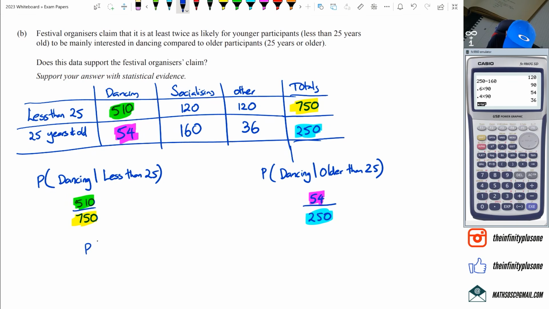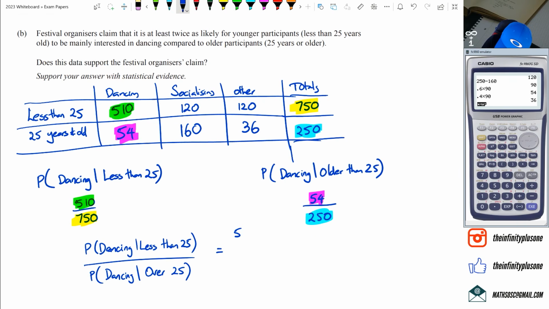So probability of dancing given less than 25 divided by probability of dancing given over 25. What we've got here is 510 out of 750 divided by 54 out of 250.